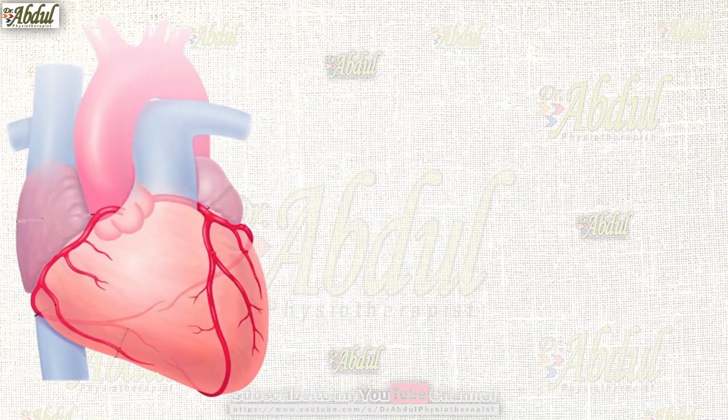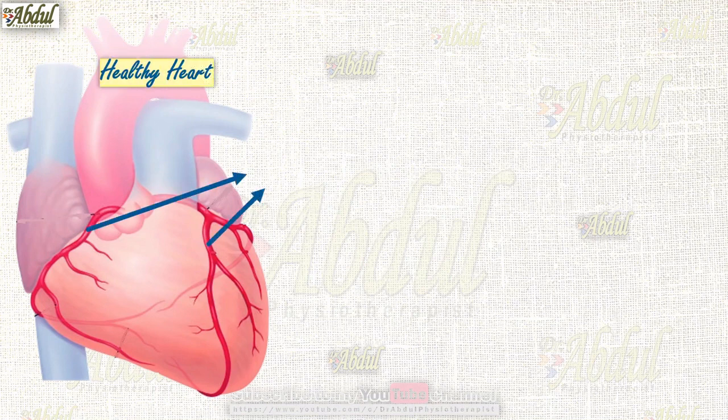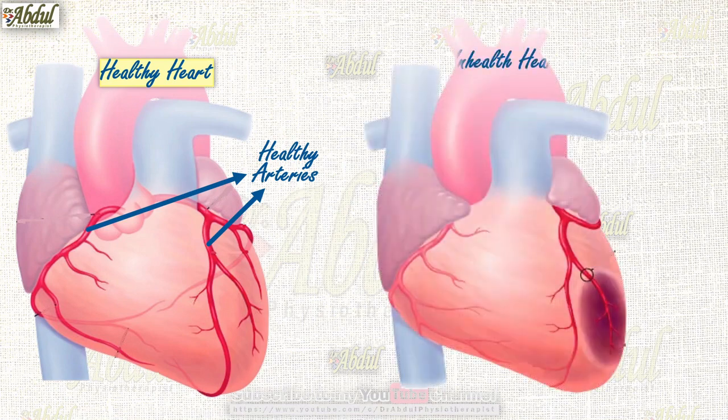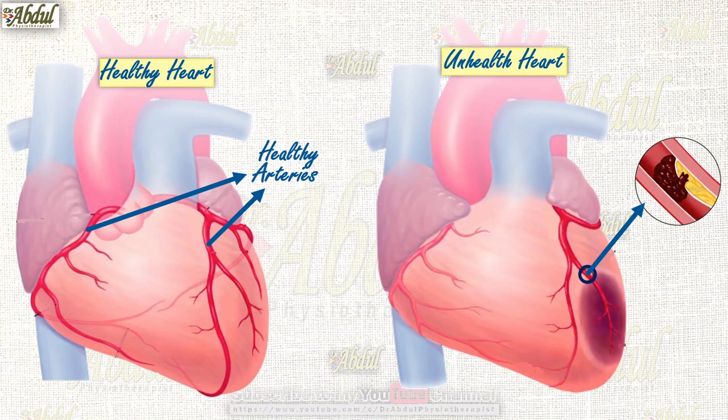In a diagrammatic representation, we'll see a healthy heart, how healthy its muscles are, and having healthy coronary arteries. Compared to the unhealthy heart, you can see here in a diagrammatic representation this artery which is marked over here. Let's suppose it is affected by coronary artery disease, and if you see a cut section, a microscopic view, let's say it has both plaque and also a clot which has completely blocked the artery.